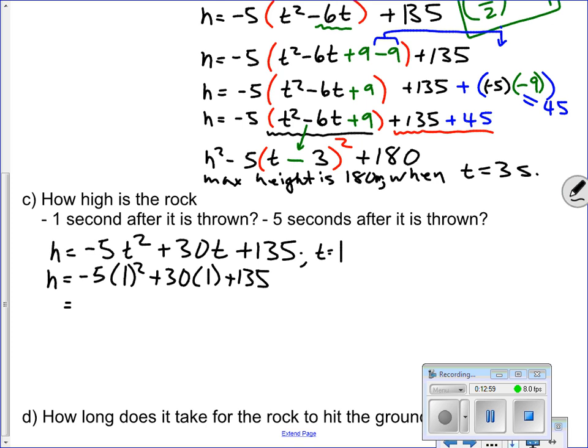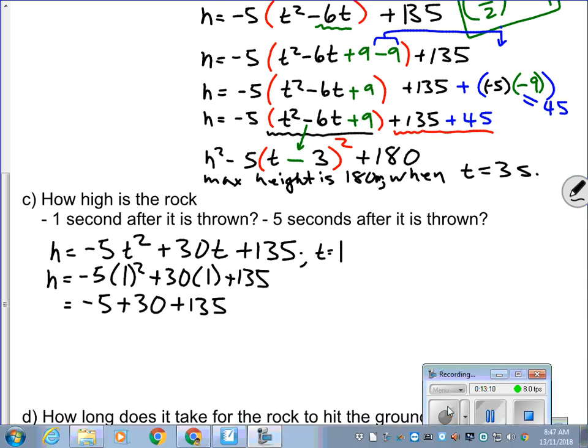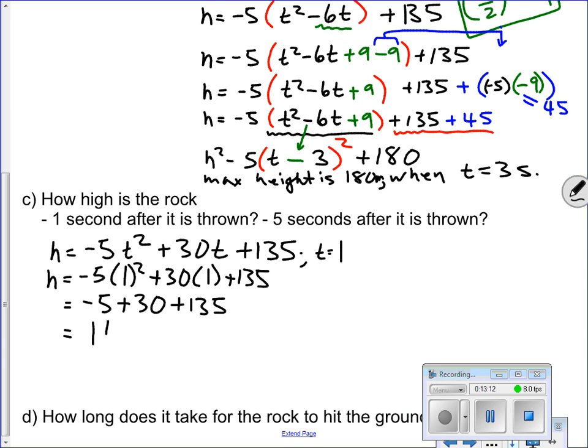So we end up with negative 5 plus 30 plus 135, which ends up being approximately 160 meters. Therefore, h equals 160 meters when t is equal to 1 second.